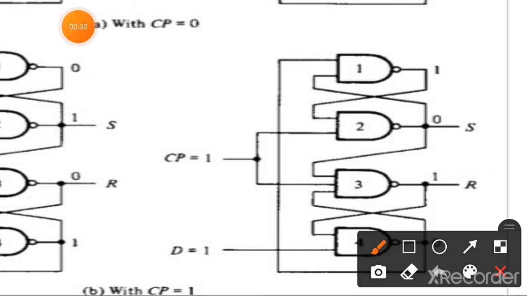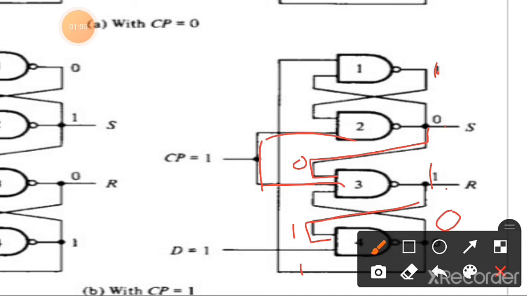If D is equal to 1 and CP is equal to 1, then we know the previous output was 1 0 1 0, so this 0 goes to here, this gate becomes 1, then both the inputs are 1, so the output will be 0.